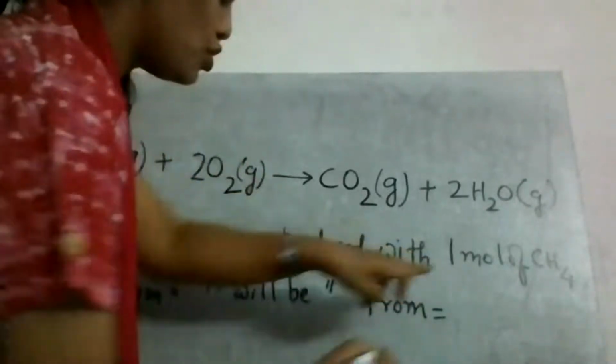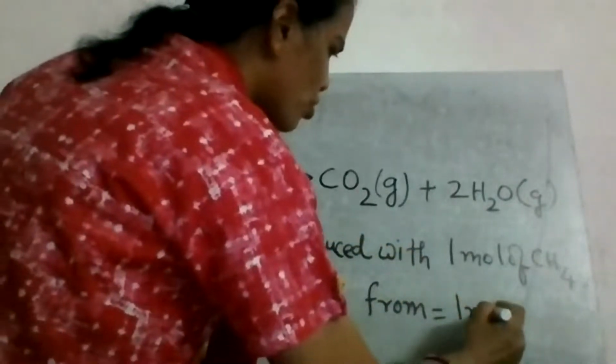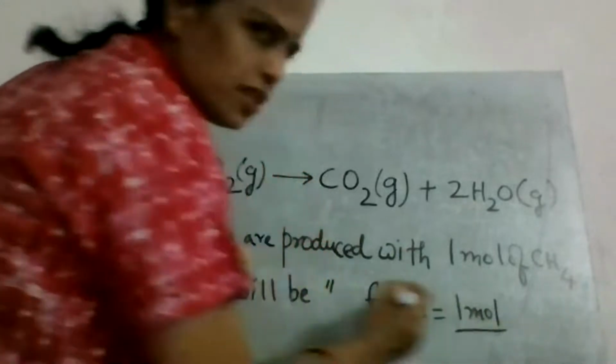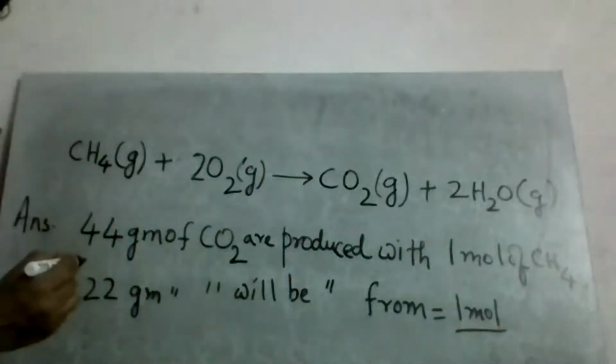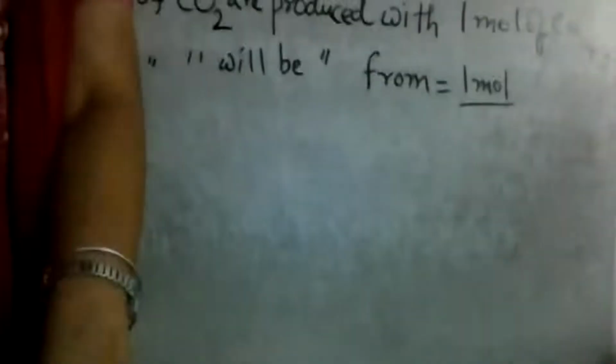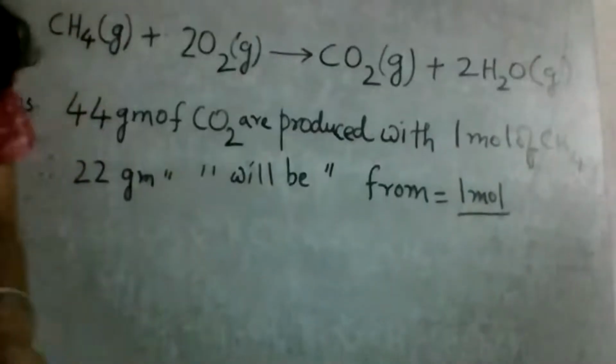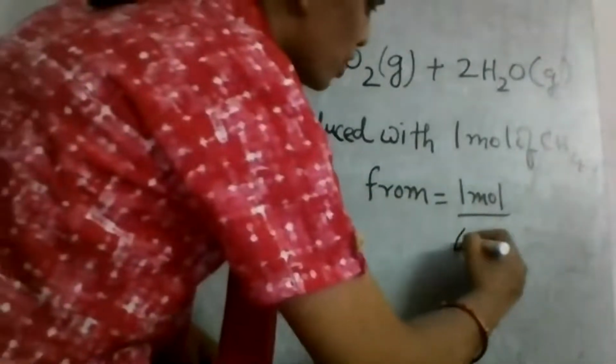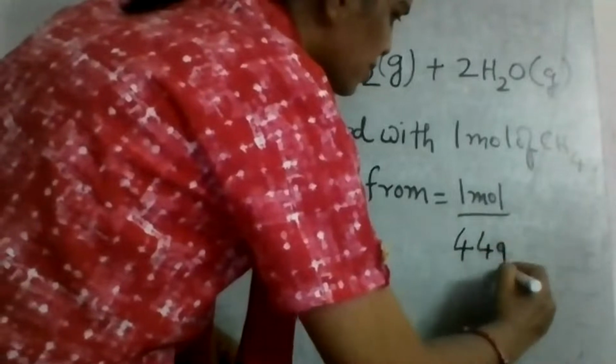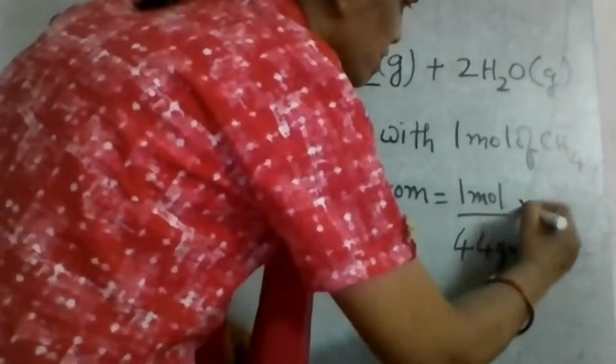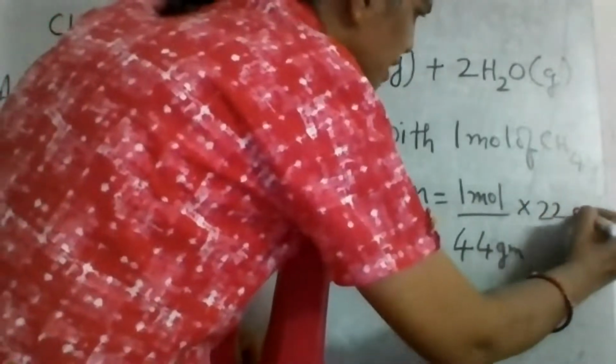You see, this is just the unitary method. 1 mole of methane divided by 44 grams of carbon dioxide, into 22 grams of carbon dioxide.